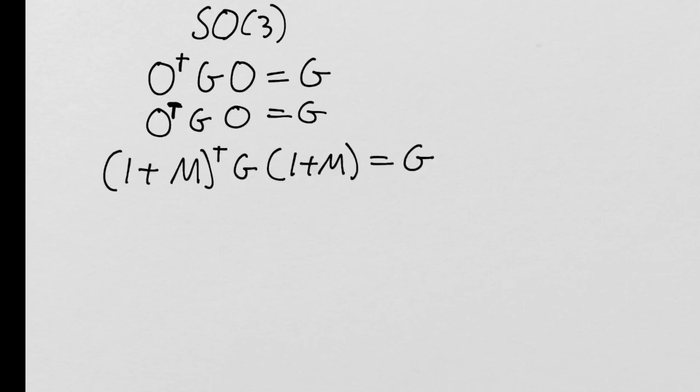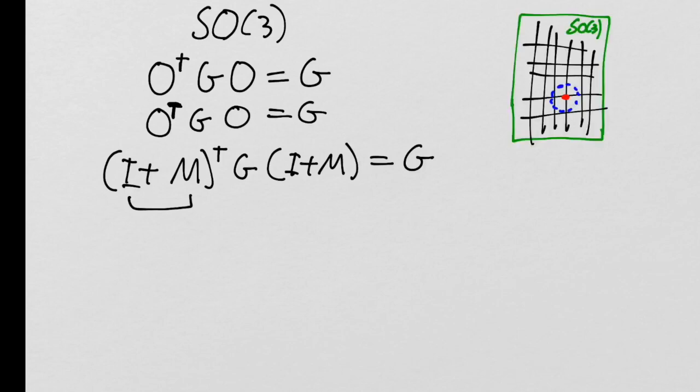Then we go to our infinitesimal matrix. What we're going to do is say there's some Lie algebra out there that will give us infinitesimal matrices, and we'll add them to the unit matrix I. And these are elements of SO3 in the vicinity of the identity.